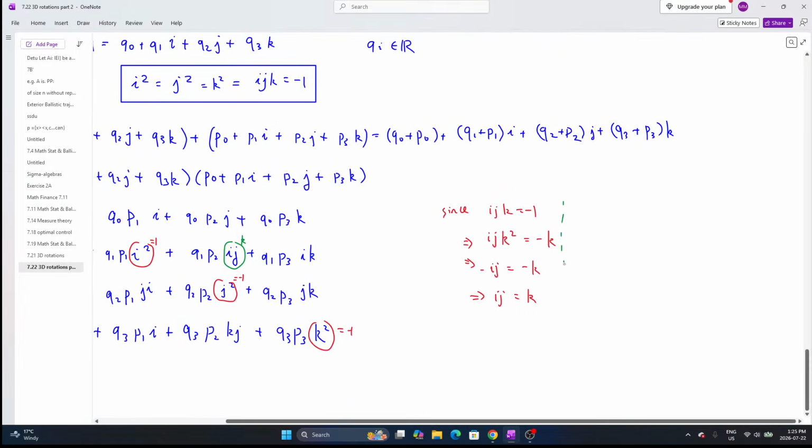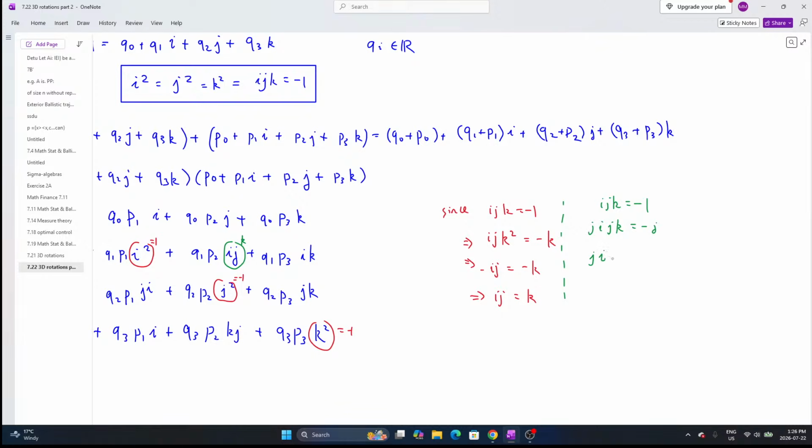Still, let's start from ijk equals -1. Let's multiply j on both sides. So jk is -j. Multiplying j on both sides on the left. Okay, and then we just need ji. So to get that, we wanted to get rid of the jk.